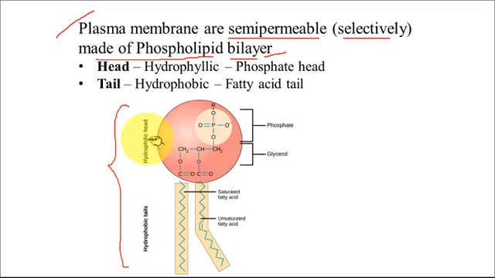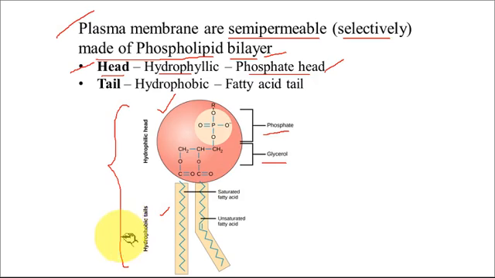One is the head region and another one is the tail region. The head region of a phospholipid is hydrophilic in nature, made up of the phosphate and glycerol. These are hydrophilic, which attract the water.